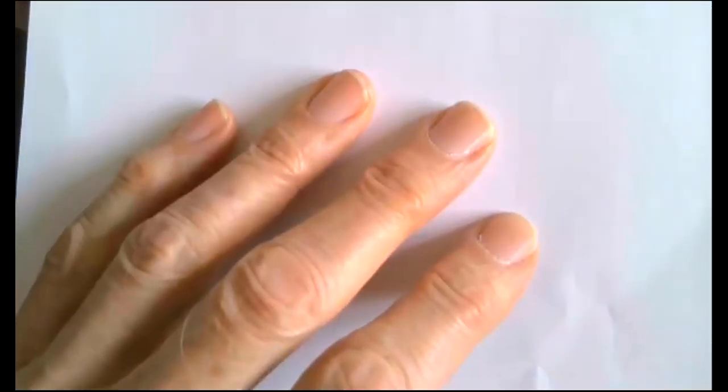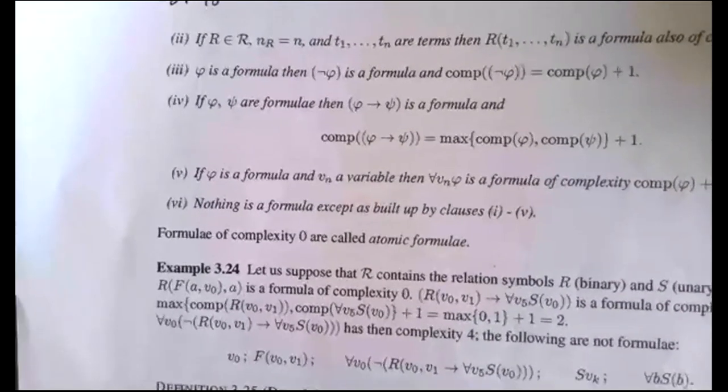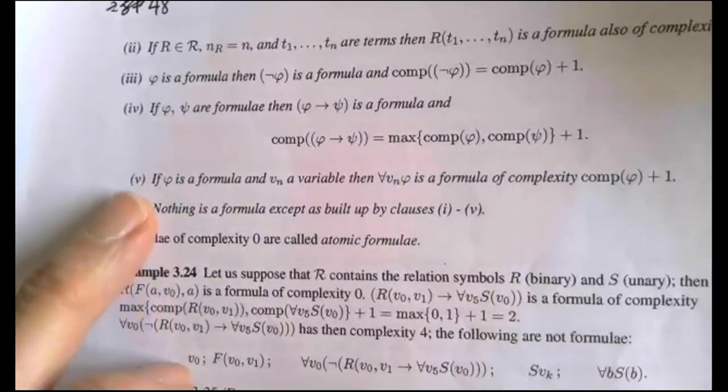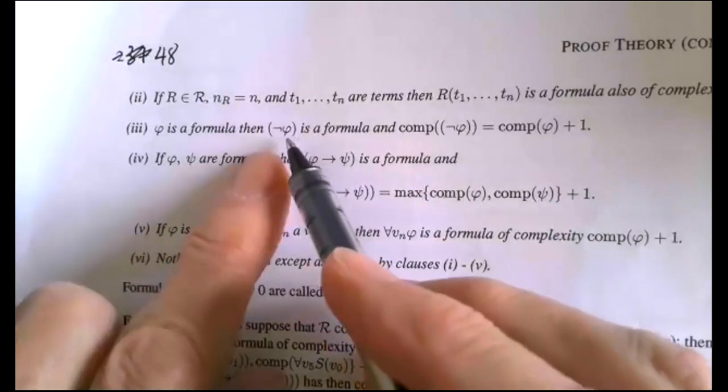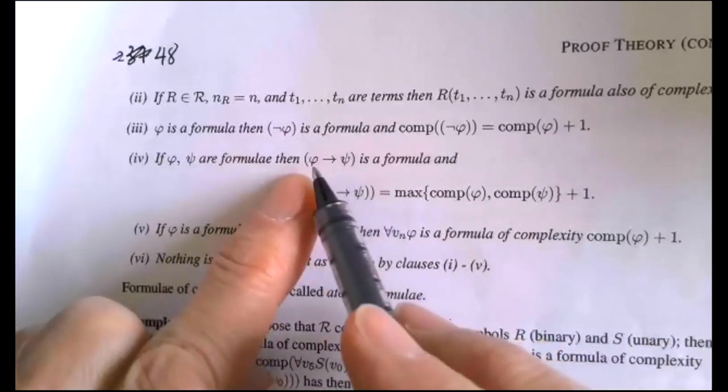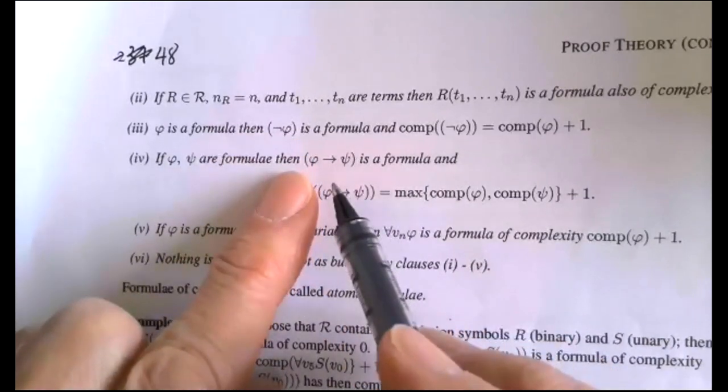It goes back to the recursive definition of what a formula is. Notice that when we do negation, we put a pair of brackets around it, and when we do an implication, we put a pair of brackets around like this.